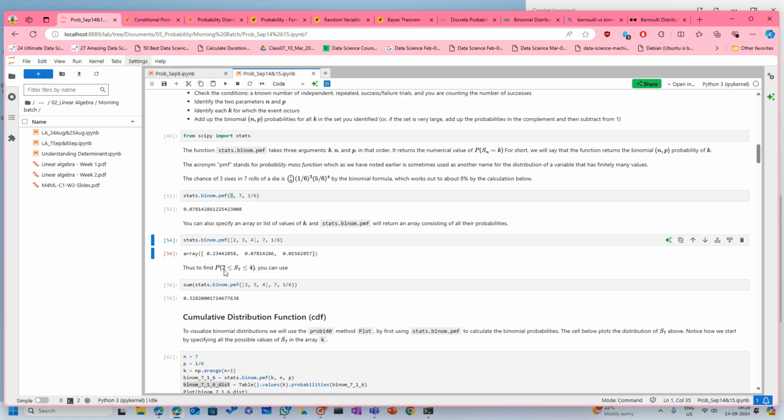The probability of getting a 6 between 2 and 4 times is the sum of all this. If you add the sum function, you will get 32.8%, or about 33%, roughly 1 in 3 times you will get 2, 3 or 4 occurrences. Here we are talking about number 6, it could be 1, 2, 3, whatever it is.